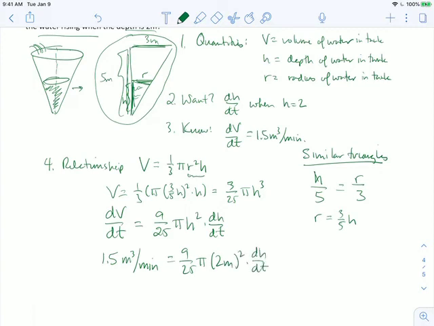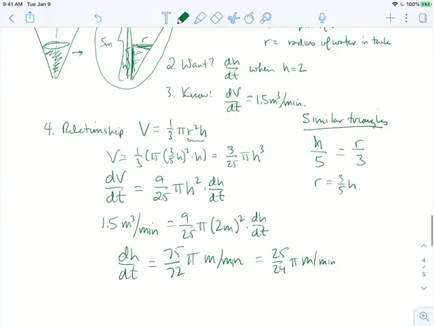And if I solve, I'm going to let you fill the gaps in here, but what we wind up getting is that dH over dt is 75/72 pi meters per minute, which actually reduces to 25/24 pi meters per minute. And we could write a sentence about this to express this relationship.